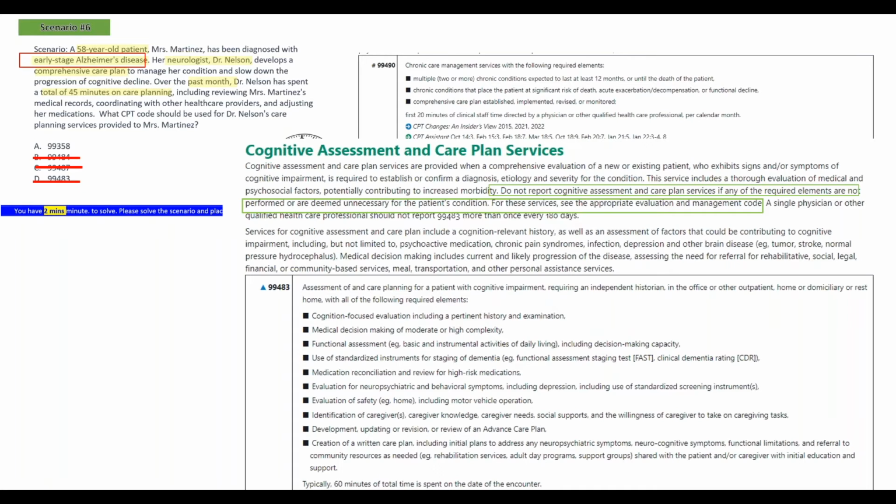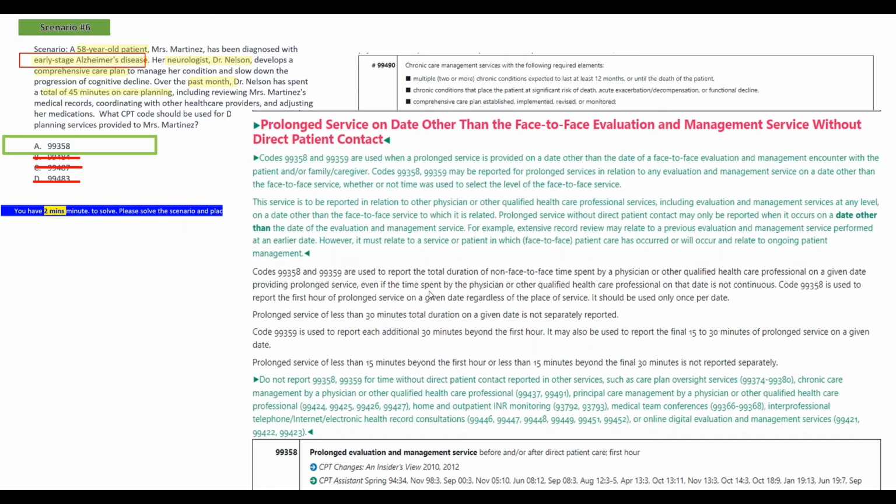So we have a total of 45 minutes of care planning here, and that has been done over the past month. So we will go to the prolonged services section. And which code do we select here? Yes, we would select from the code series 99358 or 99359, which may be reported for prolonged services in relation to an evaluation and management service on a date other than the face-to-face service, whether or not time was used to select the level of the face-to-face service.